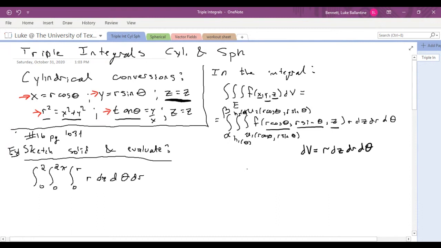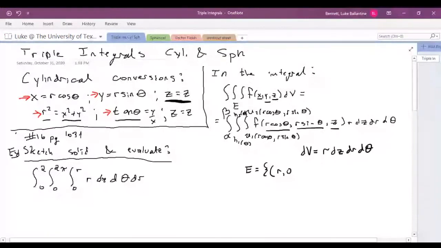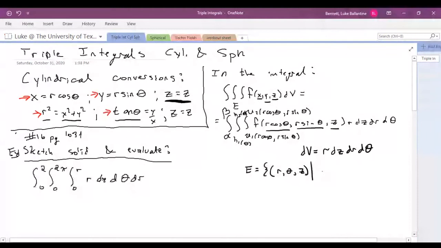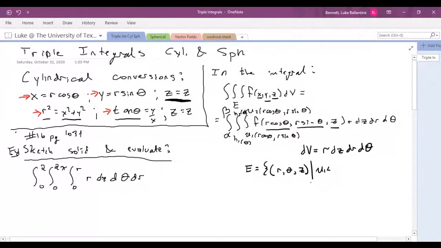And when E is the general region, E in this case would be all points (r, theta, z) such that z lies in between u1 and u2, which can be functions of r and theta.